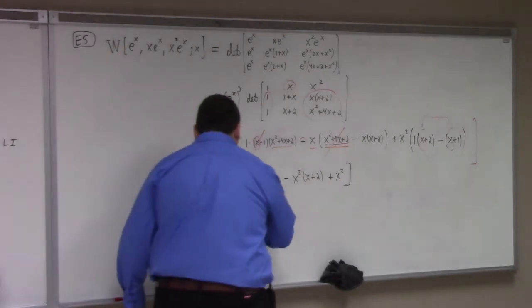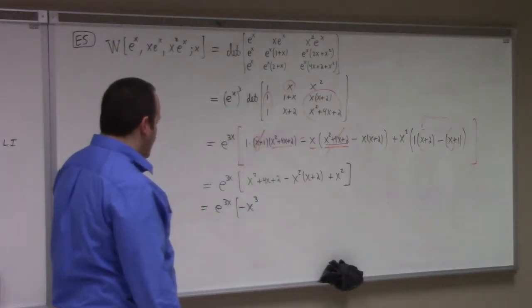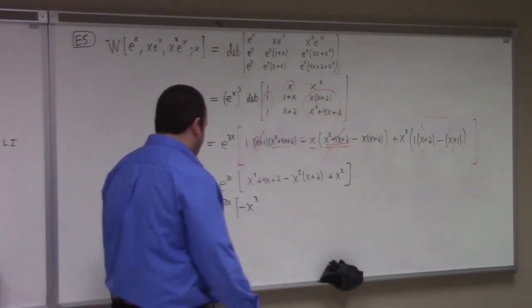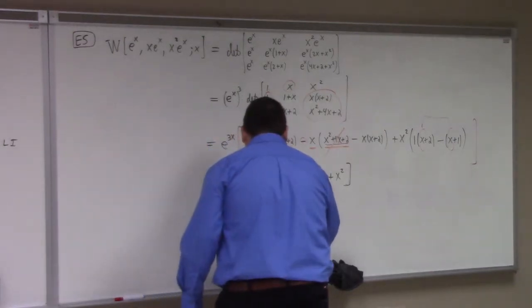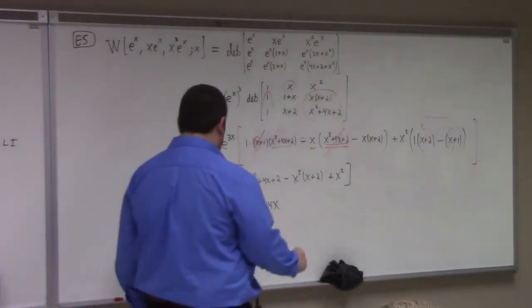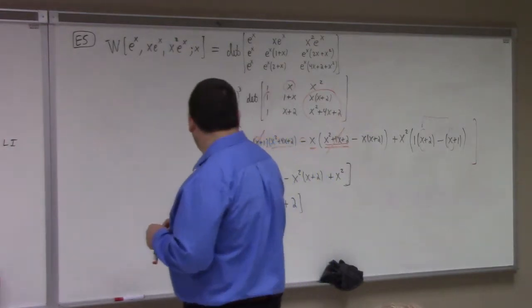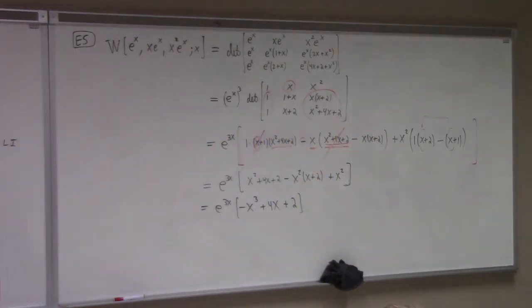We got a minus x cubed. How many x's do we have? 4x. Constant terms. Plus 2, huh? Yeah. Anyway, it is possible I've made an arithmetic mistake in there, but this is how you calculate the Wronskian of a 3 by 3.